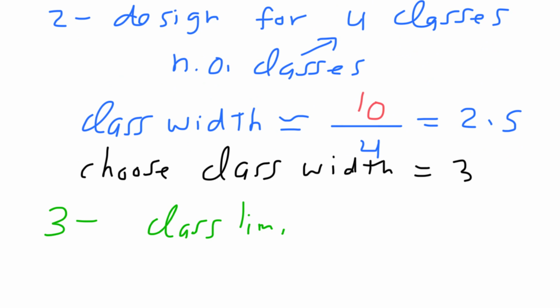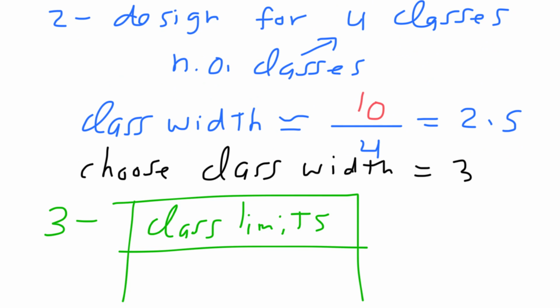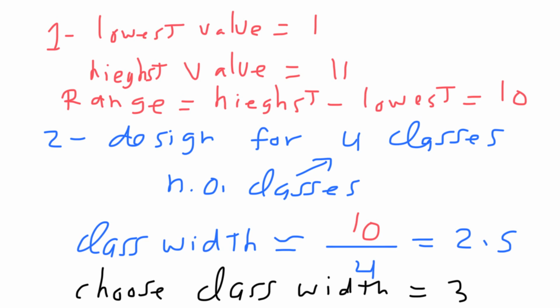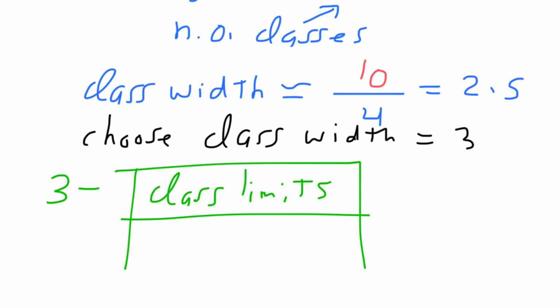The first limit can be equal to the lowest value, which is 1, or something before 1 to include the 1. So it's either 0 or 1. I'll just choose 1 for now, and this will be my first class.